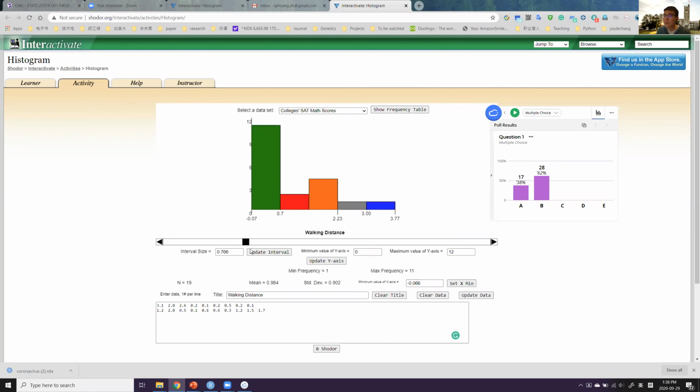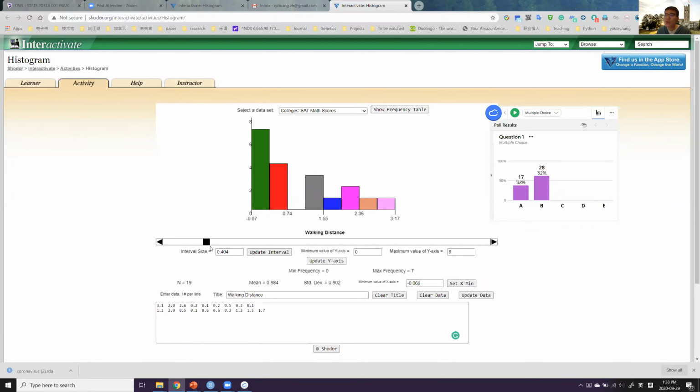As you increase the bin size, you will see that the length of each bin will increase, and in that case, the number of bins decreases. So originally we have a very good sense of how our data set is distributed in each region.